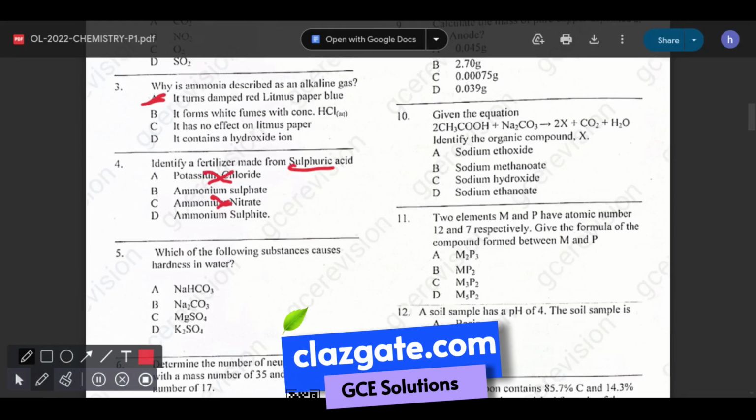It's a fertilizer produced from sulfuric acid. Sulfuric acid is a key industrial chemical used in various processes, including fertilizer production. In the case of ammonium sulfate, sulfuric acid reacts with ammonia to form ammonium sulfate. This is the reaction between sulfuric acid and ammonia in order to produce ammonium sulfate.